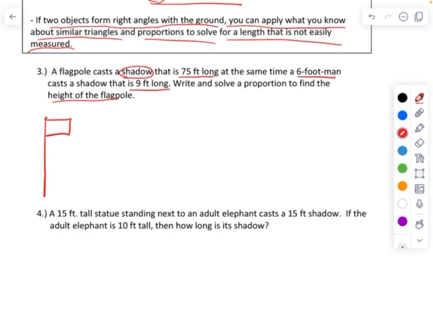So I'm going to draw a flagpole, okay? And I do not know the height, right? The height is the unknown. We don't know what the height is. So let's call that X. However, I do know that the flagpole has a shadow of 75 feet.